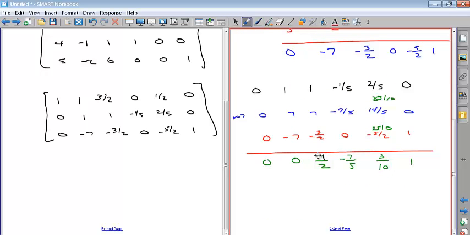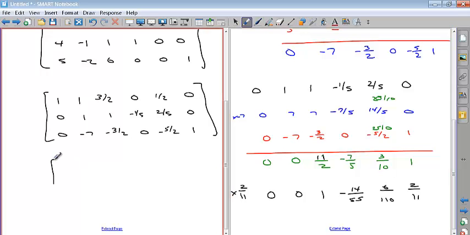What we'll do is I want to get 1 here. So we'll multiply everything by 2 11ths. So you get 0, 0, 1. Times 2 11ths, you'll get negative 14 over 55, you'll get 6 over 110, and you'll get 2 over 11.